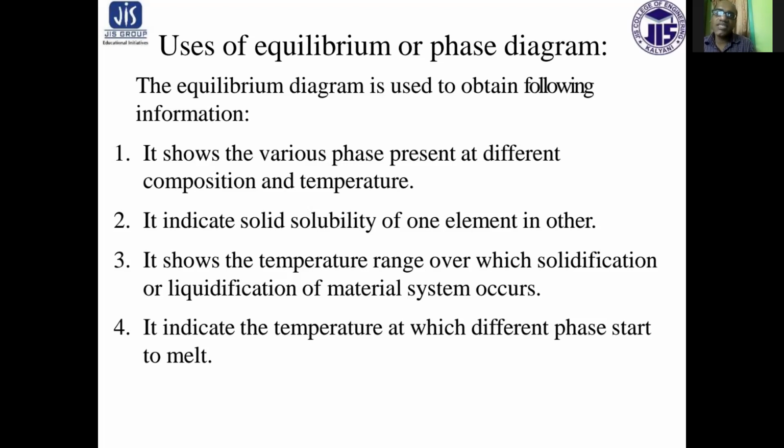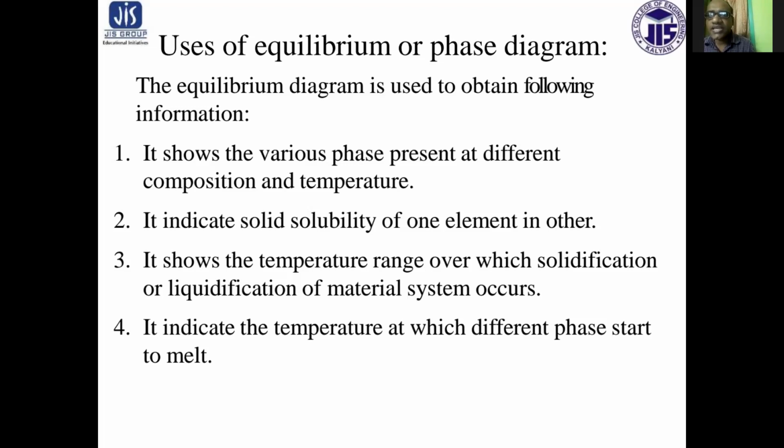Now next is the use of this equilibrium or phase diagram. The equilibrium diagram is used to obtain the following information. First of all, it shows the various phases present at different composition and temperature.